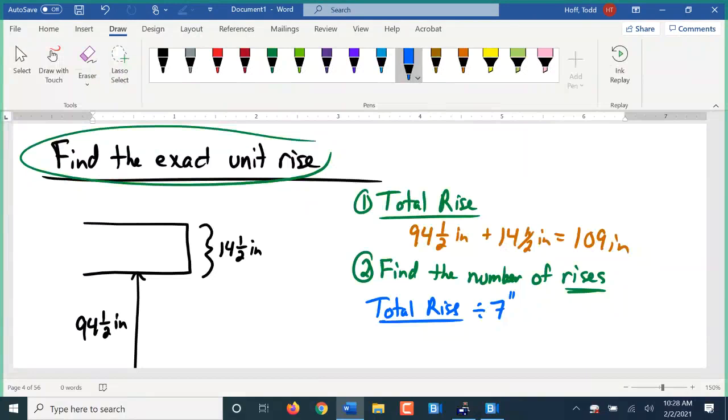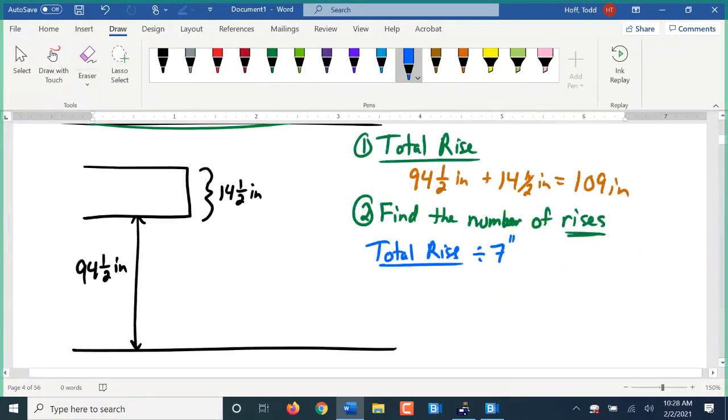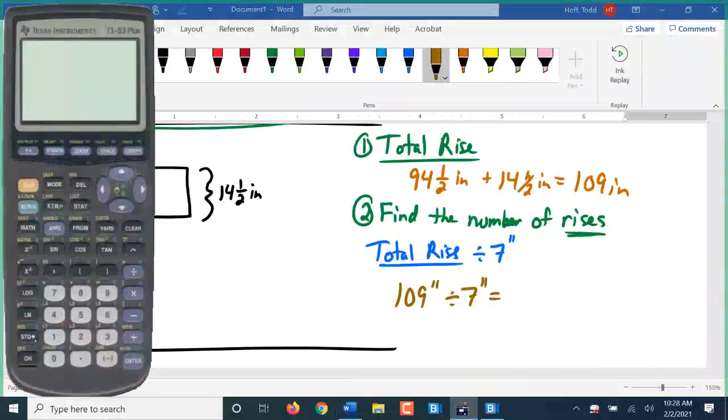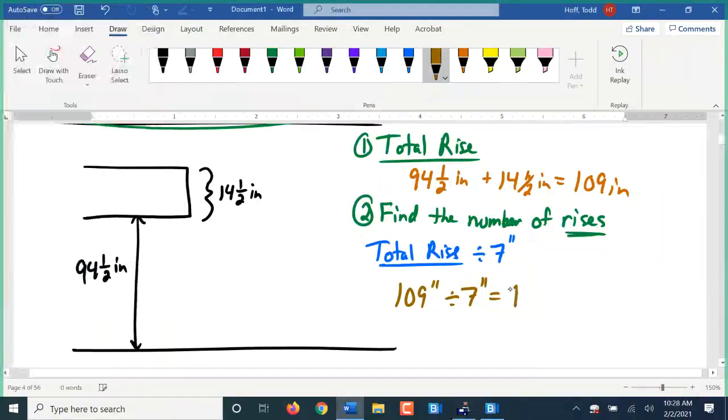So we're going to start at 7 inches. So take our 109-inch total rise divided by 7 inches. Of course, this will not come out exact. You get 15.5714. We're just going to say 15.57 rises.